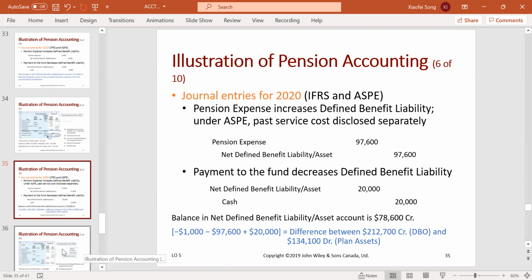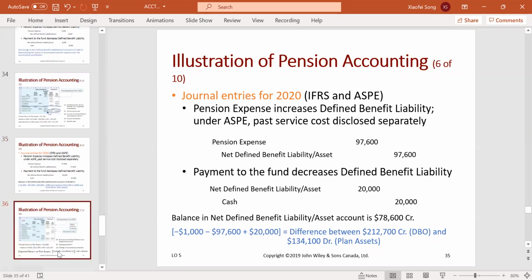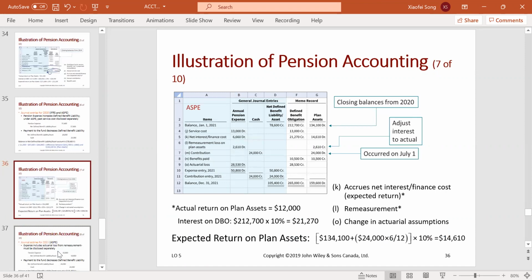Okay, so next year we need to separate. SB is different from IFRS, so we start with the SB, no other comprehensive income.